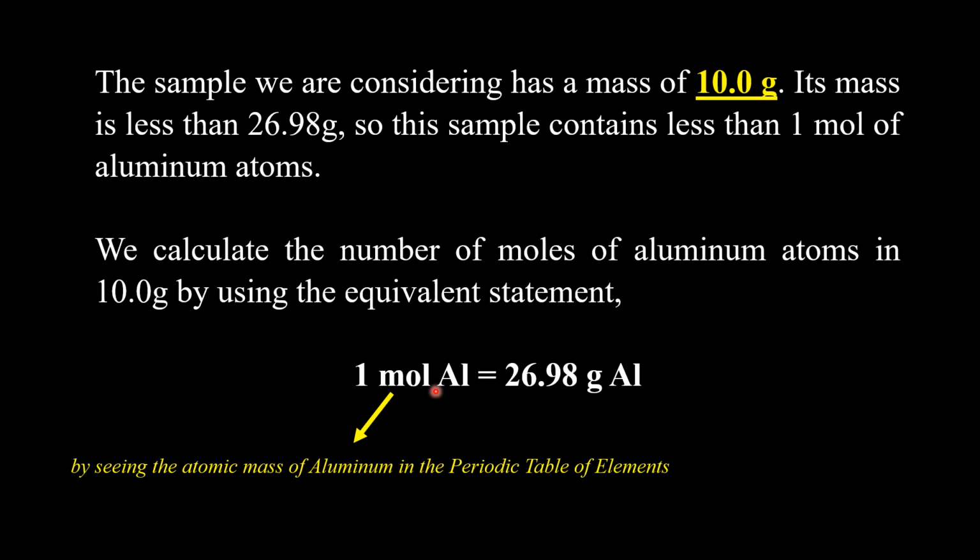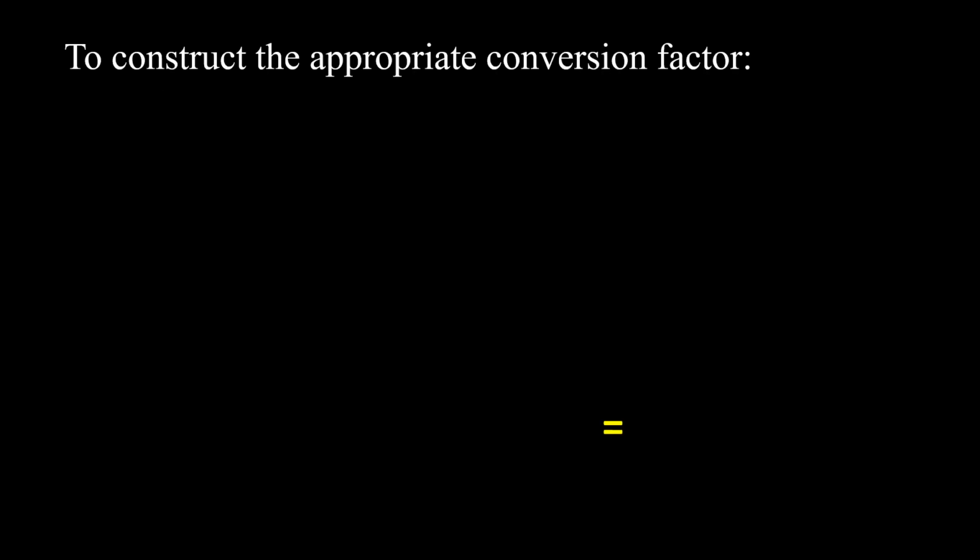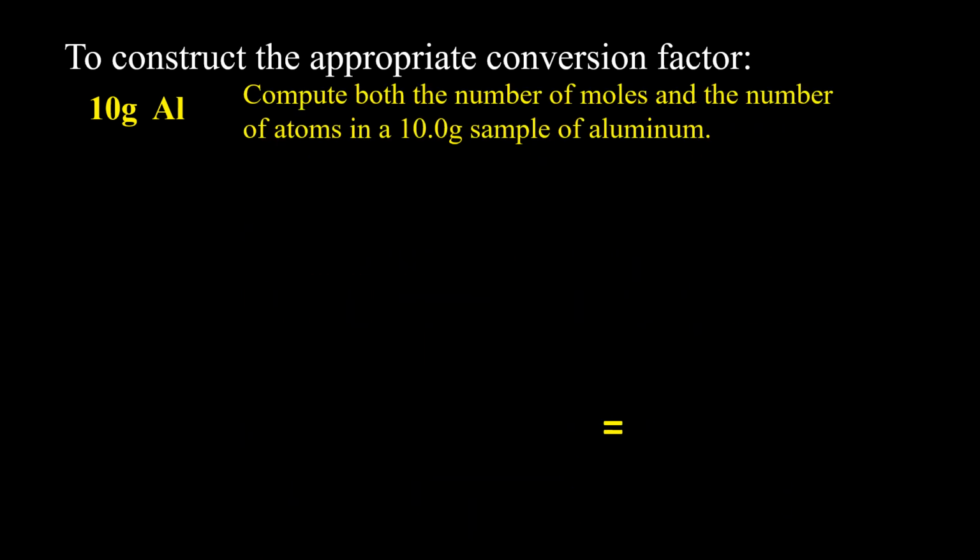This time, we calculate the number of moles of aluminum atoms in 10 grams by using this equivalent statement, that 1 mole of aluminum is equal to 26.98 grams. To construct the appropriate conversion factor of 10 grams aluminum from the given sample problem, compute both the number of moles and the number of atoms in a 10-gram sample of aluminum.